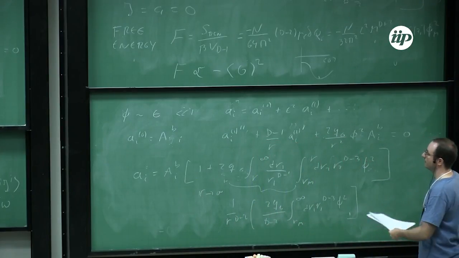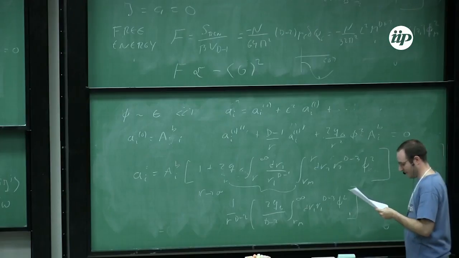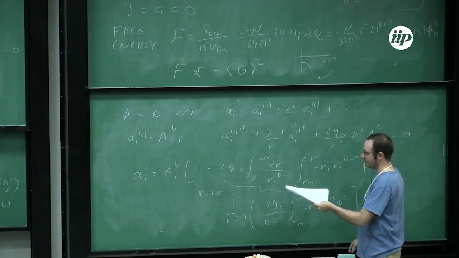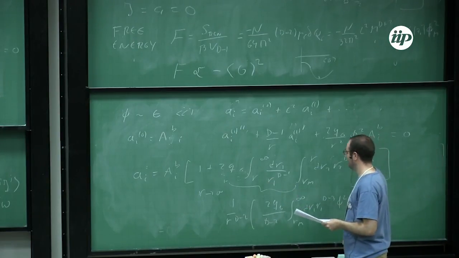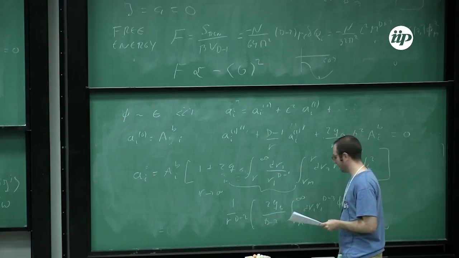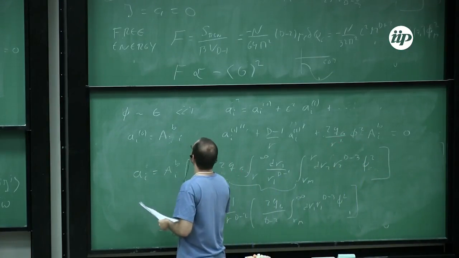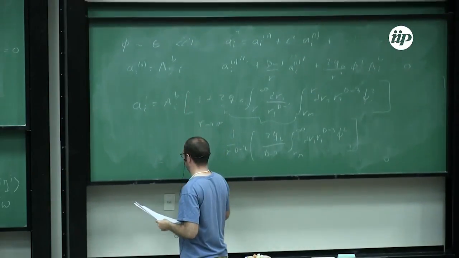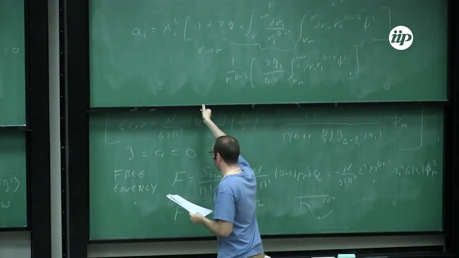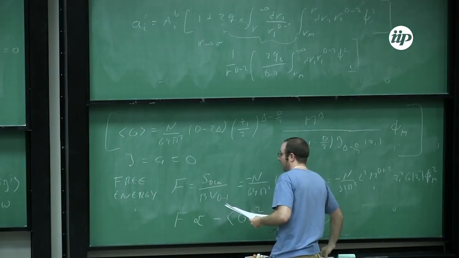Okay, so if we plug this in the on-shell action, and we take two variations with respect to the source, then we find a contribution to the current correlator, which will be a constant, essentially.